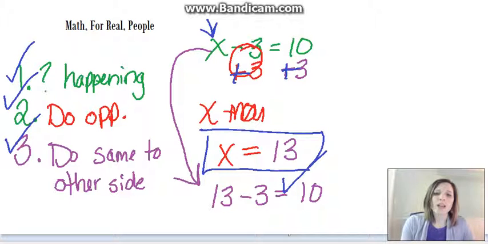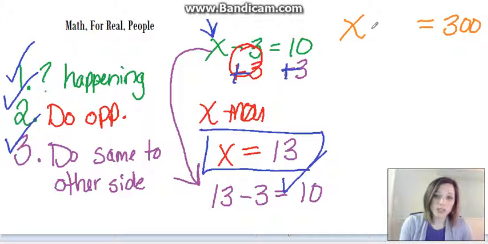So now let's do it again in a real situation, because it turns out this might be a real situation. So let's say you don't know how much money you need to have, but you know that you want to end up with, let's say, $300. You need to end up with $300 after working, but you owe your dad $57.